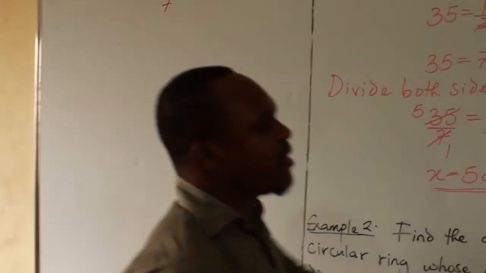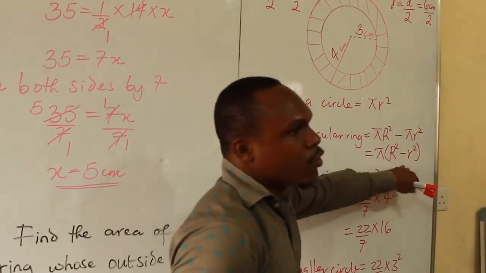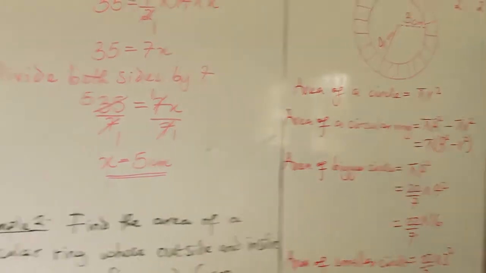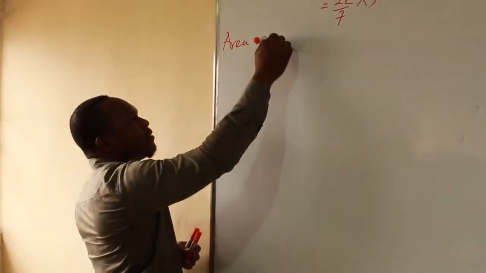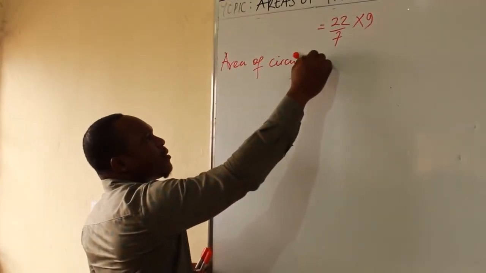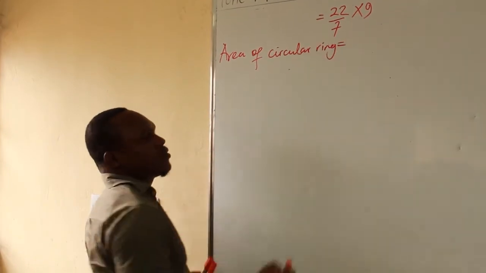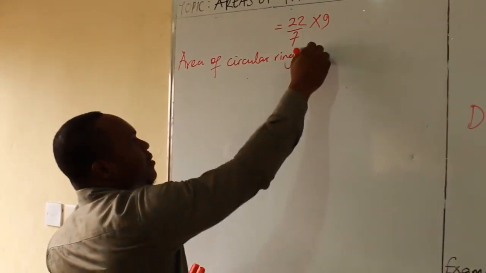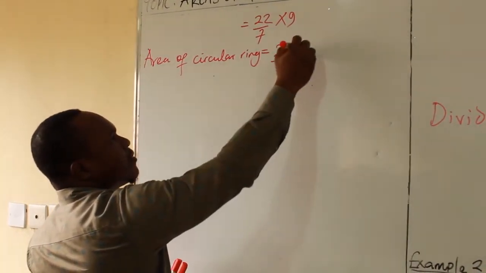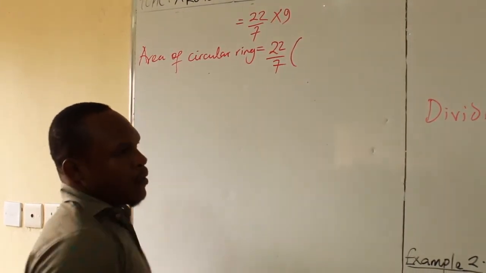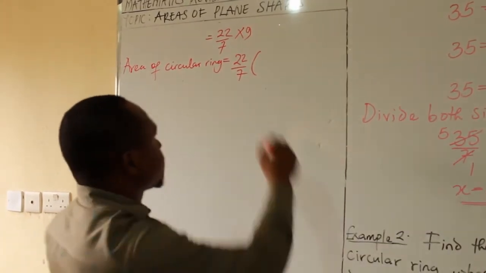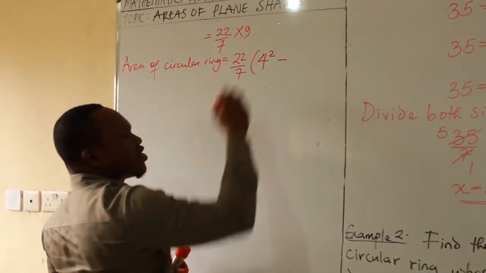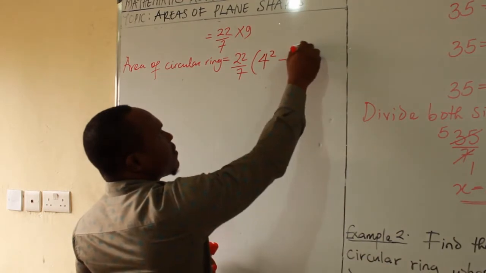But if you remember, we already have a formula here covering all of these. So if we input all this data into that formula, we have area of circular ring equal to, according to what we have there, pi, 22/7, into big R squared, which is 4 squared, minus small r squared, which is 3 squared.